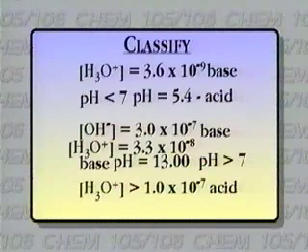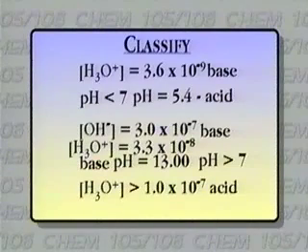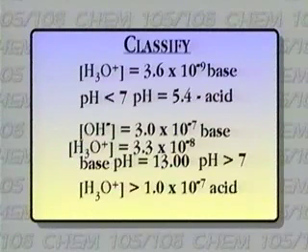So I'll just do that quickly. 1 times 10 to the minus 14 divided by 3 times 10 to the minus 7. The hydronium ion is equal to 3.3 times 10 to the minus 8.